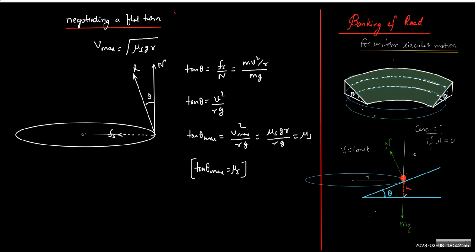See, you have the FBD in front of you. I'm saying there is no friction. So which force will provide the required centripetal force?